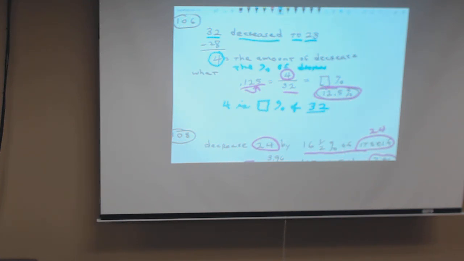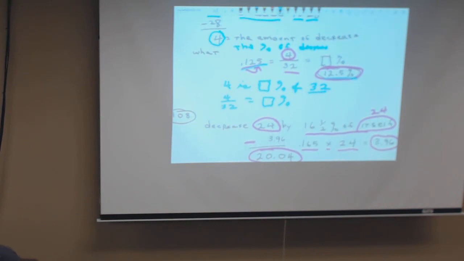So that means to find the percent, I put 4 over 32 equals the empty box. So it comes out to be 12.5%. Well, this divided gives you 0.125, then change it to a percent, move it over 2 places.